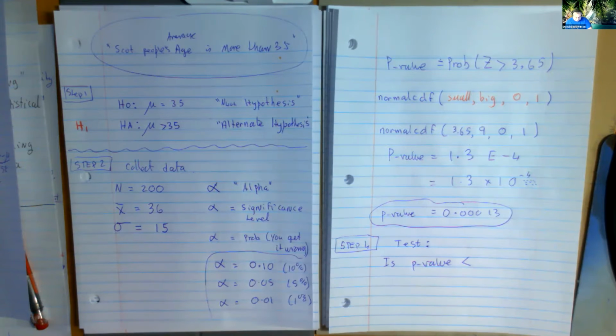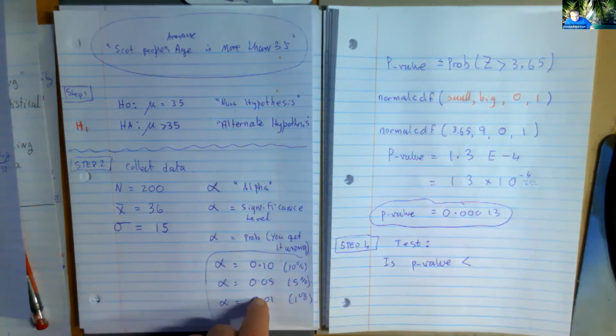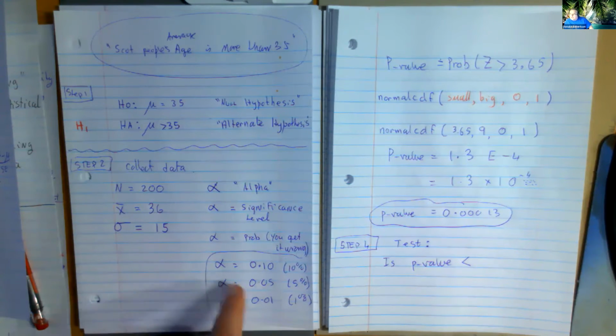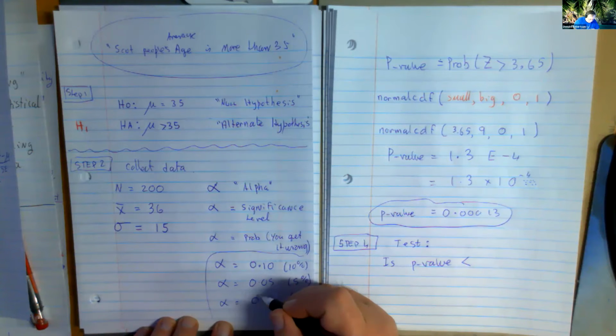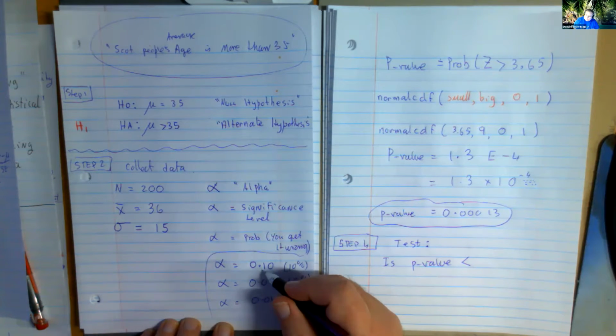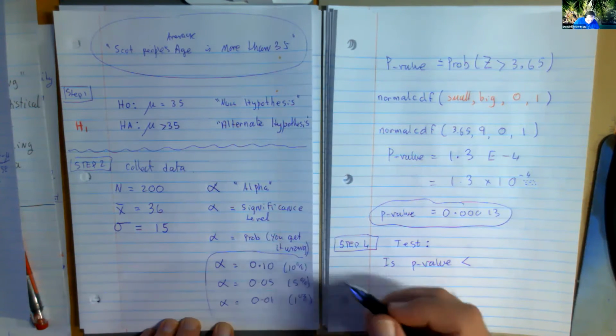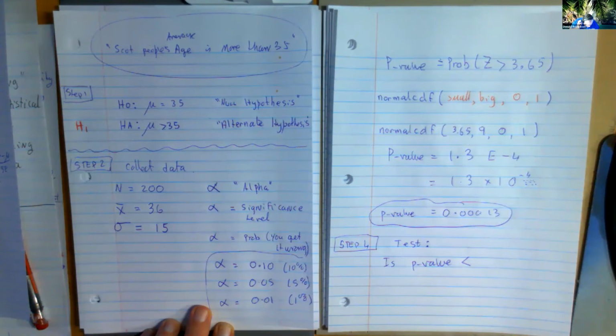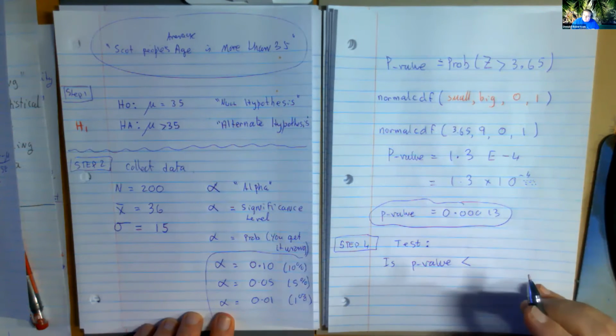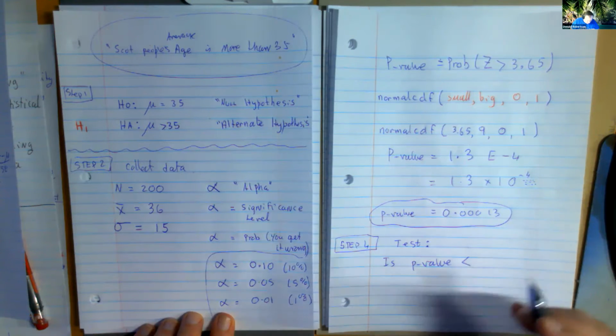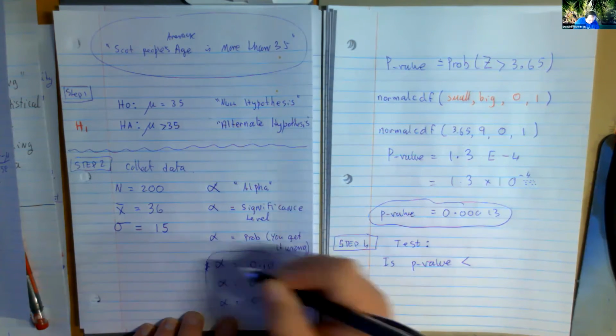Which one of these alphas do you want to pick? That one, or that one. In the question, they always tell you what it is, but what do you want? 10%, fine. I didn't catch it, that's all. What did you say? 10%. Okay, 10% it is. We're picking that one, right?